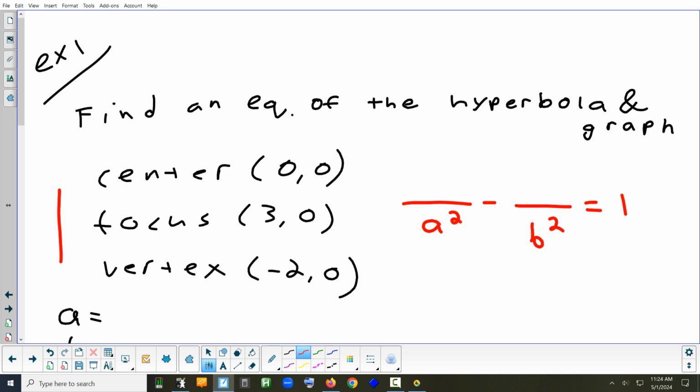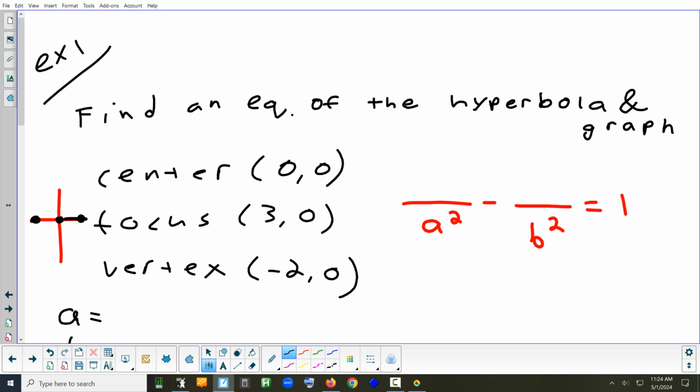Okay, anyone think they know which way the branches are going to open in this one? Horizontally or vertically? It's going to be horizontal, because there's your center. Here's a focus over here, 3, 0. You also have one at negative 3, 0, even though they didn't say it.